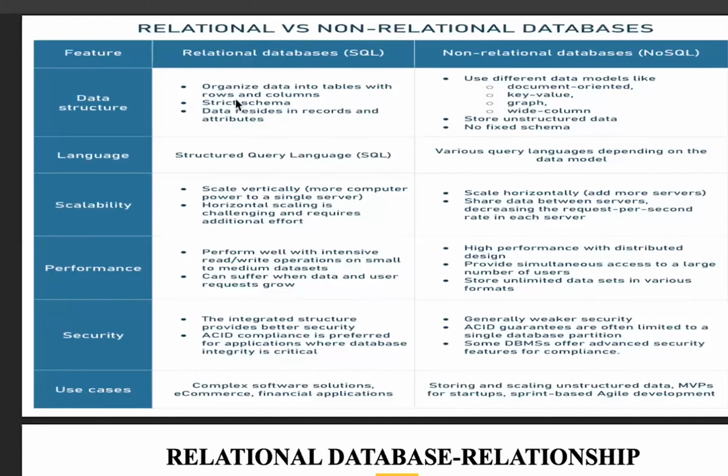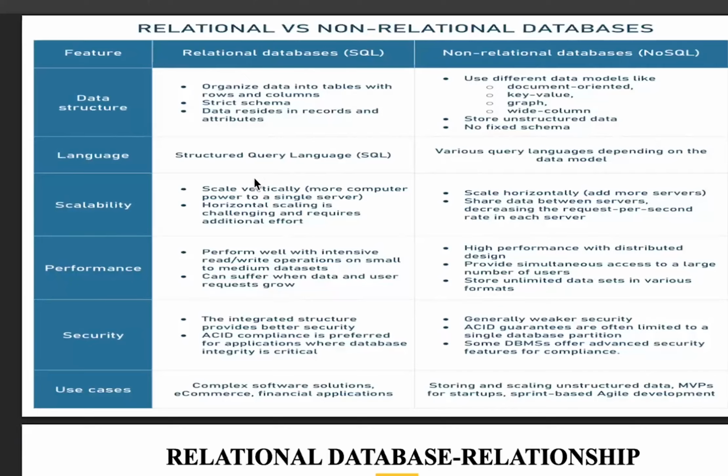A relational database organizes data in tables with rows and columns, just like in tabular form. Non-relational databases use different data models like document-oriented, key value, graph, and wide column, and store unstructured data. Basically, just know non-relational stores unstructured data.